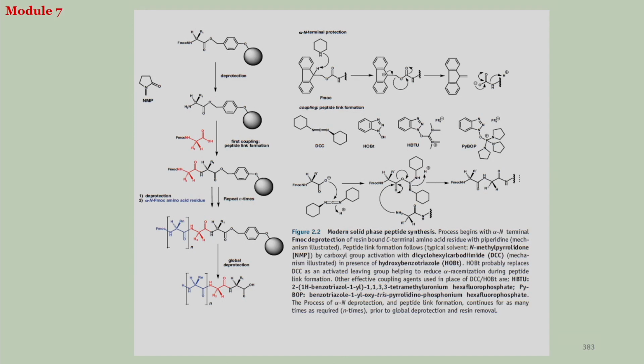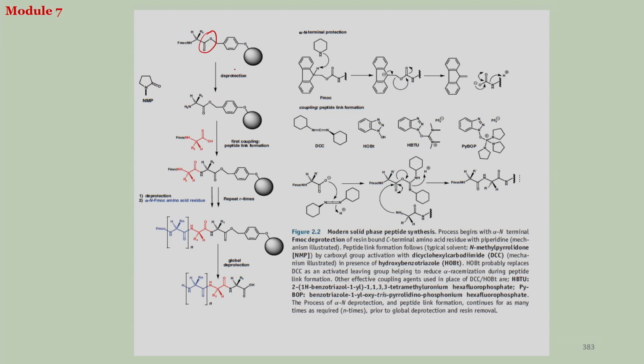This is the rough sketch: you have the solid phase, this is a linker actually, and that is how the first amino acid is connected. Here there was one chloride. So, if you use this acid, then you will have first this formation. So, first amino acid is attached here with its FMOC protection.